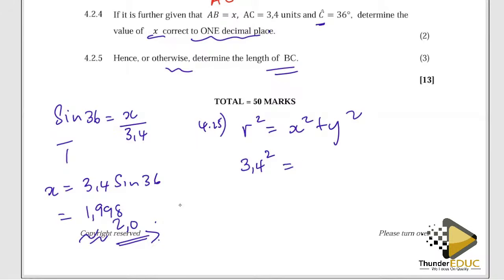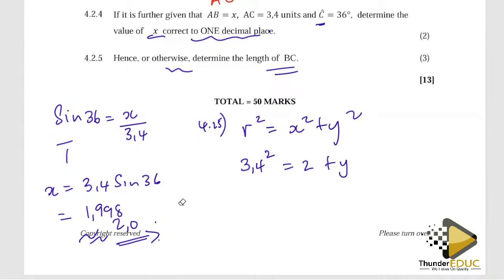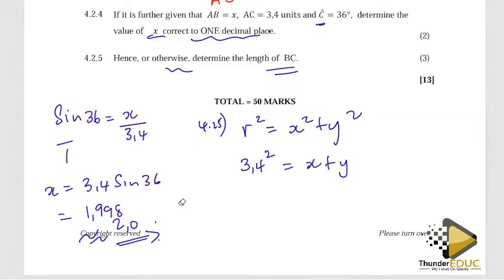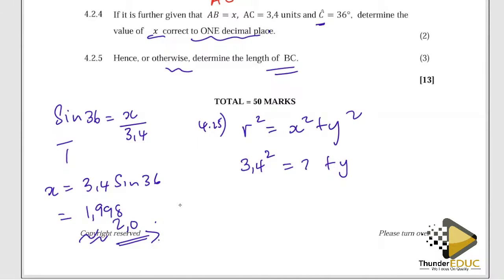We're looking for the x. I'm going to confuse people now by saying x and that. Okay, let's use 2 squared there so that we look for the missing side.